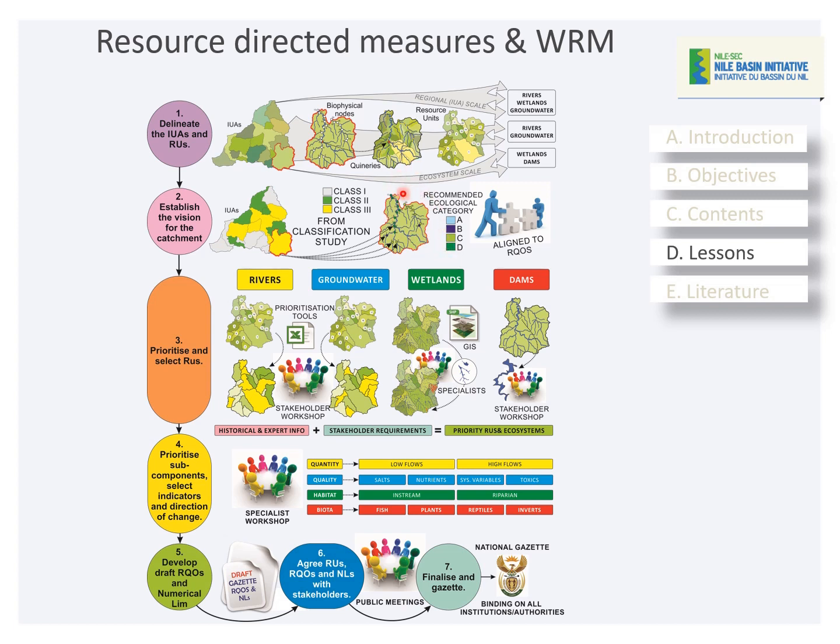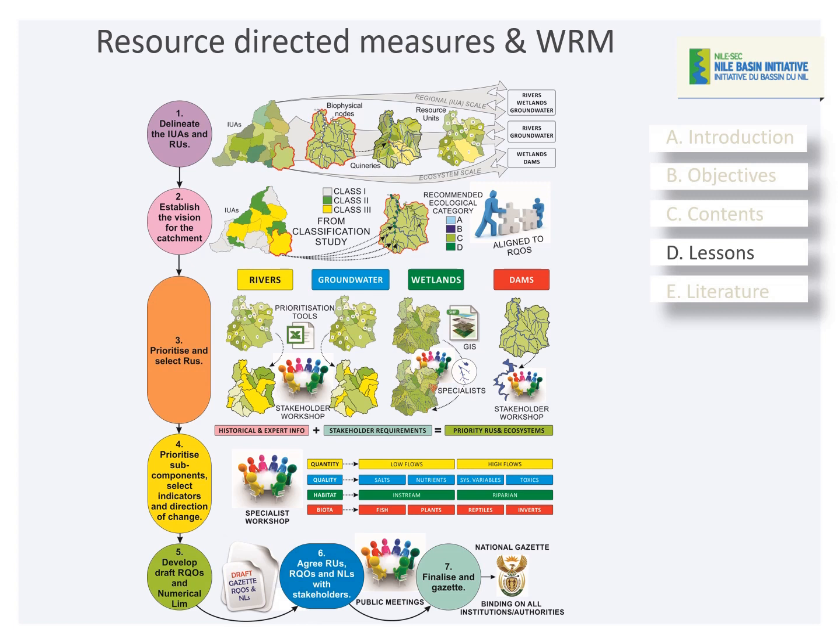So we know what the targets would be for each of these areas, and we would then, in that process, use this approach to ensure that we've aligned those recommended ecological categories for these different significant water resources to the class.